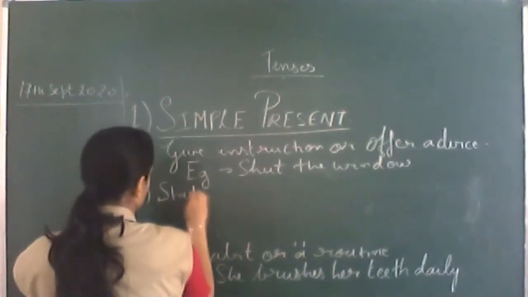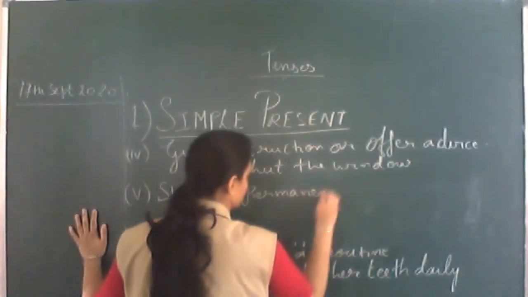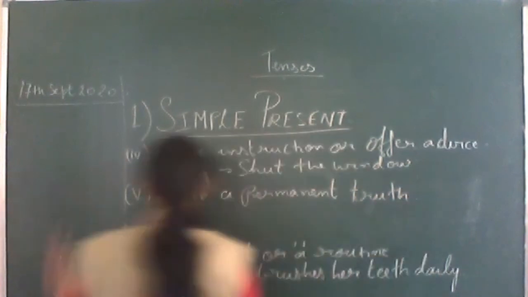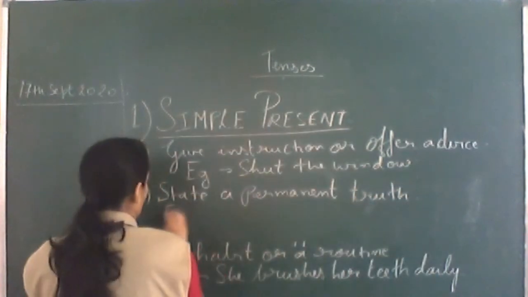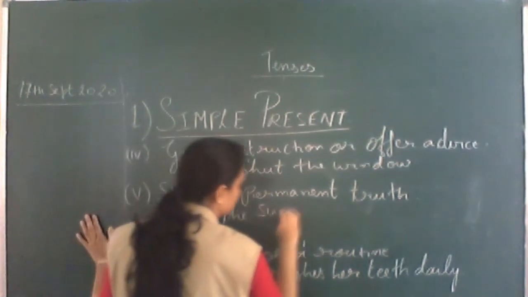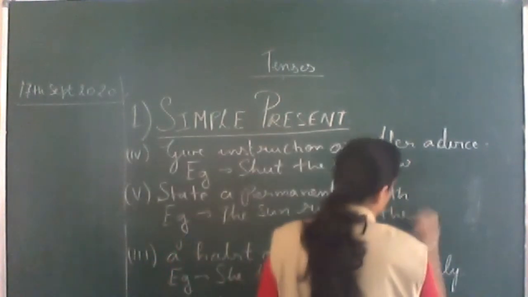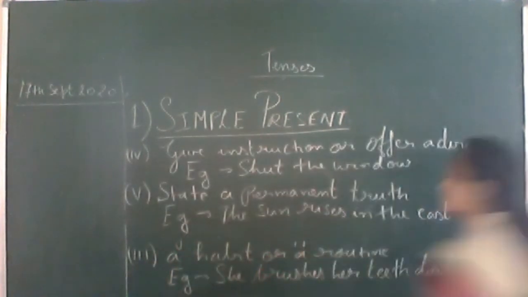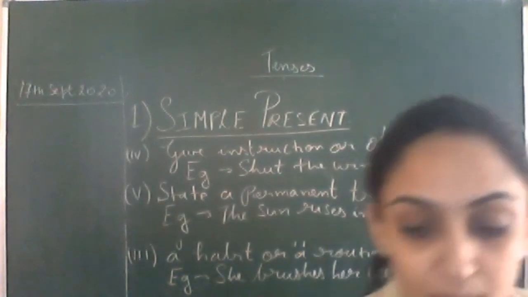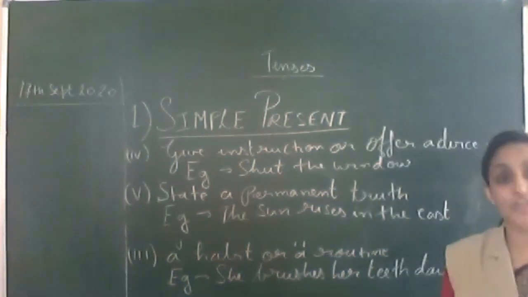Next, fifth one, state a permanent truth. The things which cannot change. For example, the sun rises in the east. These are permanent truths, which we cannot change.